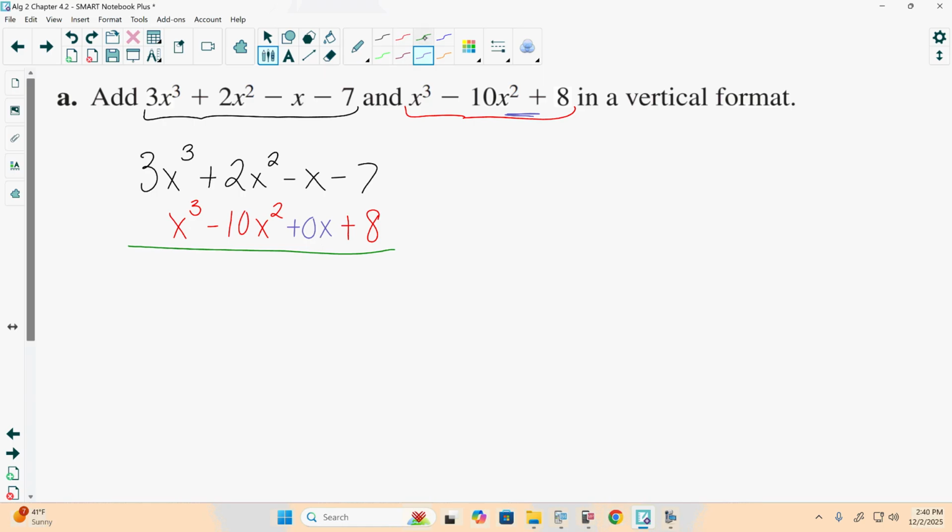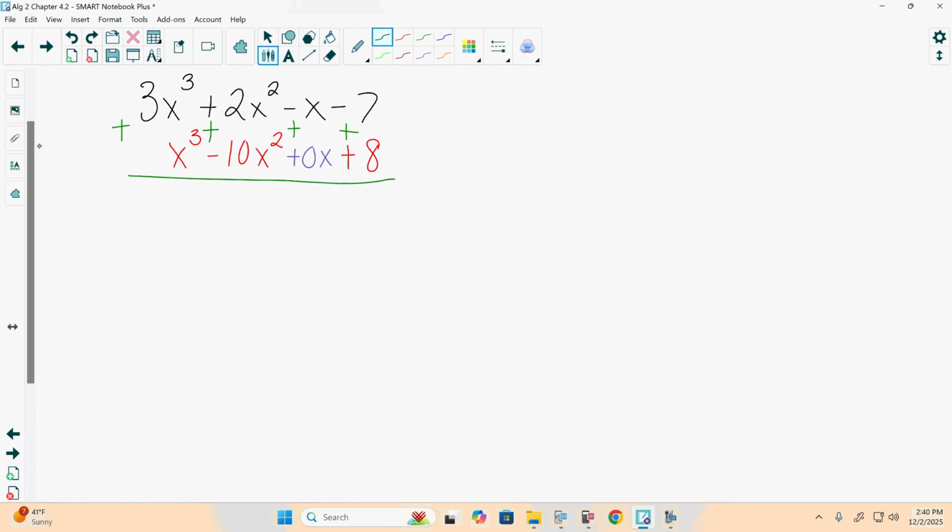Now, we're going to do what it told us to. We're going to add. I like putting a plus between each of our like terms, just a reminder to myself that we are adding these two together.